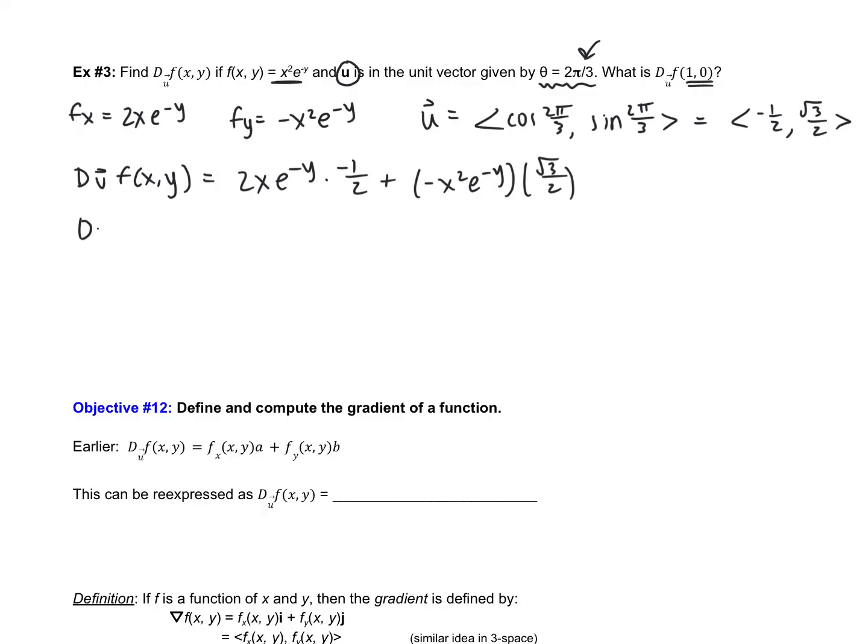So if we simplify that then, we get negative x e to the negative y, subtract root 3 x squared e to the negative y over 2.